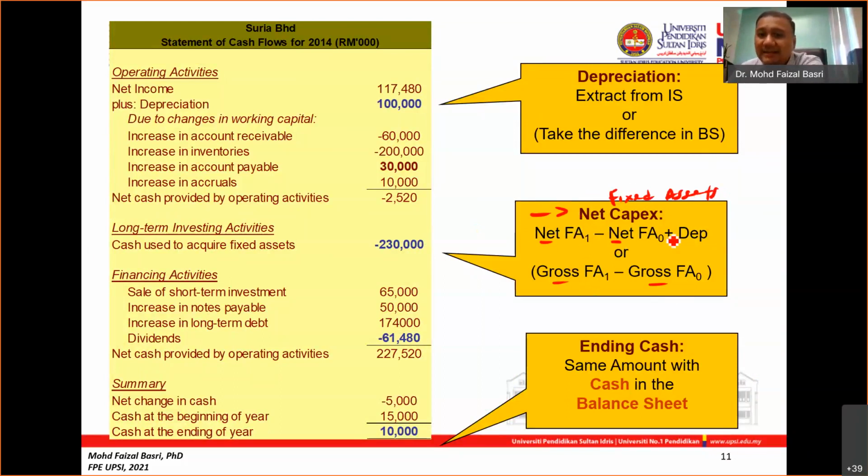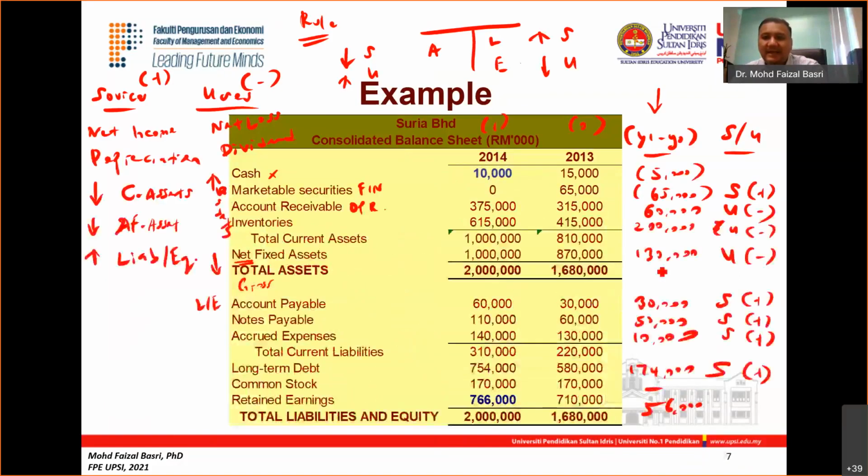In this question they use net. So to calculate it, first we find the difference between the two net fixed assets, which we've done already earlier, net minus net, whereby we get 130,000. And the sign is negative, so it's negative 130,000.